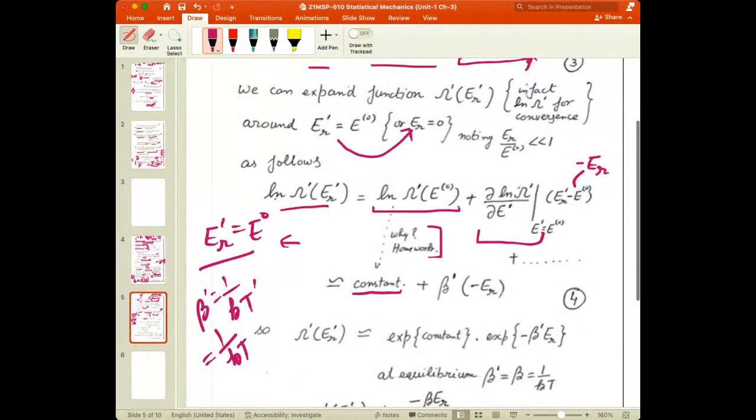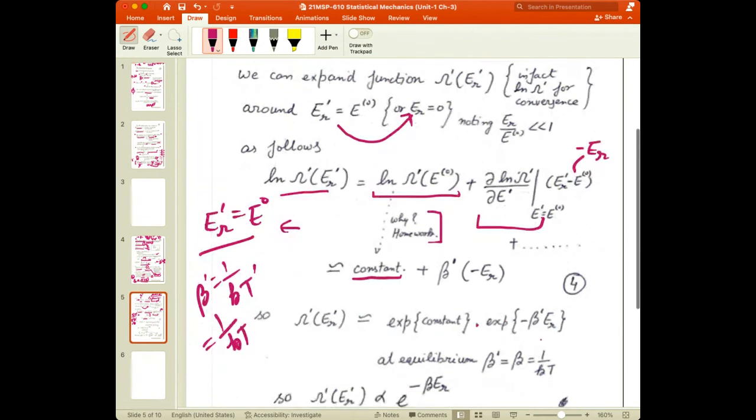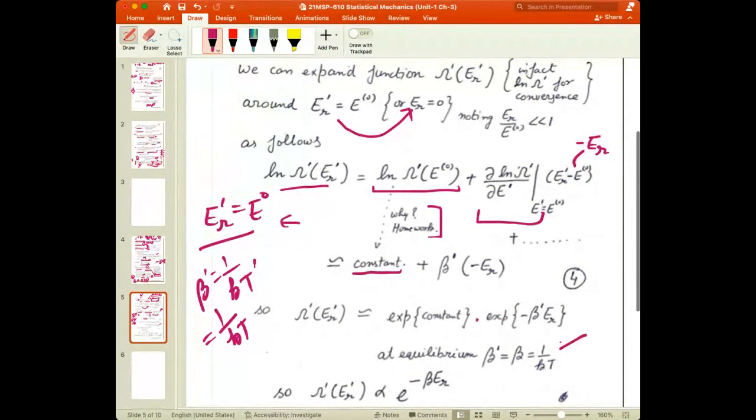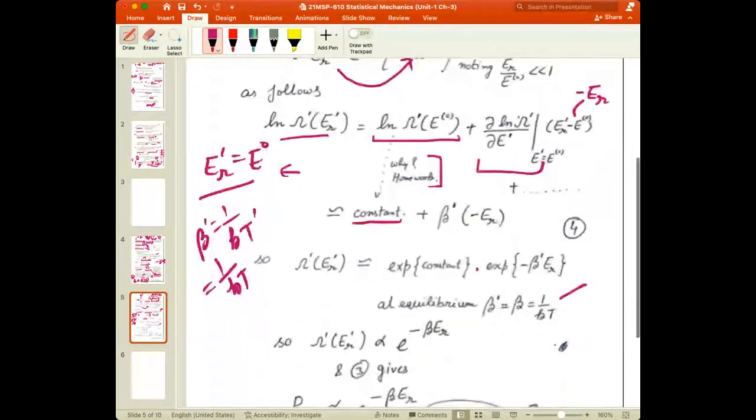Okay, so if I now take the anti-log on both sides of this equation number 4, you will see that omega prime of E R prime is approximately the exponential of this constant multiplied by the exponential of minus beta prime E R, right? Because they are summed over, the exponentials can be multiplied like this, because they are not operators, so it will follow this rule. And as I said, at equilibrium, this is going to follow this situation.